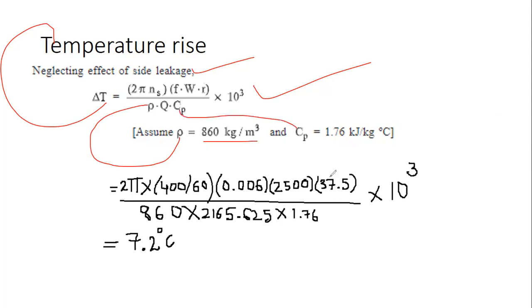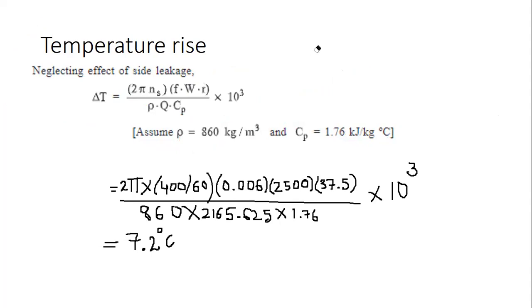Cp standard value, specific heat 1.76 kilojoule per kilogram degree C. Everything I have with me. I'm just going to put it into the formula and get the value.